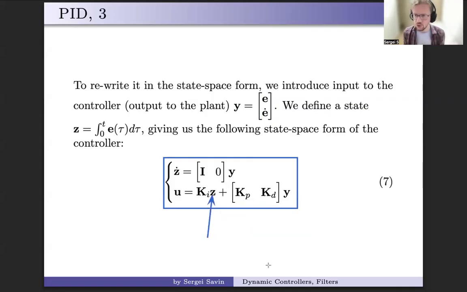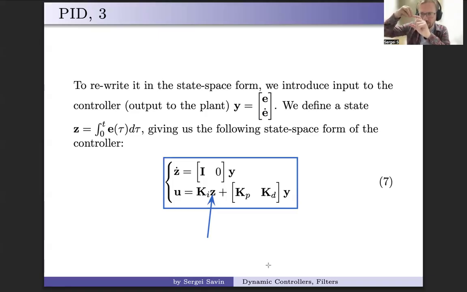And indeed, this integral part behaves like a state. The best way you can think of it behaving as a state is by considering that if your whole system stops at a certain position, like your robot is fixed in this position, but you have the integral part of your controller still running. And let's say there is an error, like you should be here, but you are here.